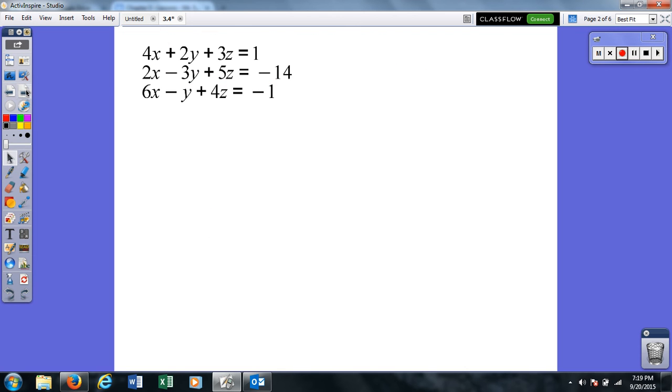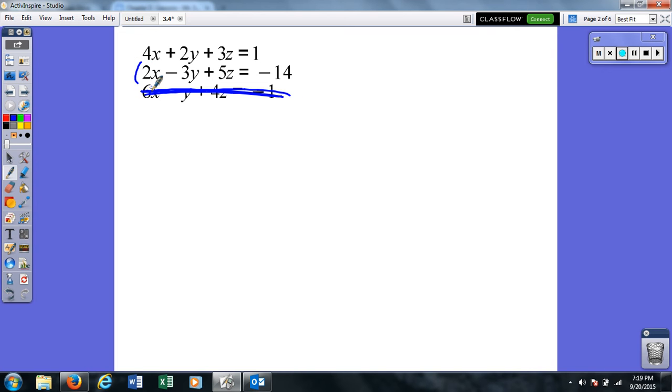All right, let's work through one of these. Looking at the first two equations, we'll totally ignore the third equation for now. I'm just going to cross it out. If we look at the first two equations, I could maybe do elimination with the x's. The top equation has a 4x, the bottom equation has a 2x.